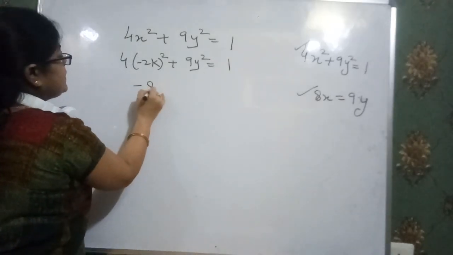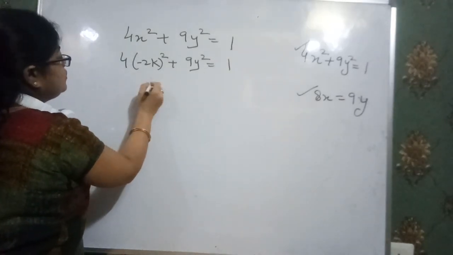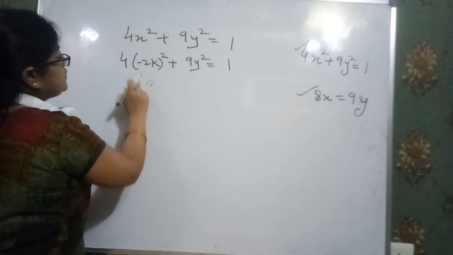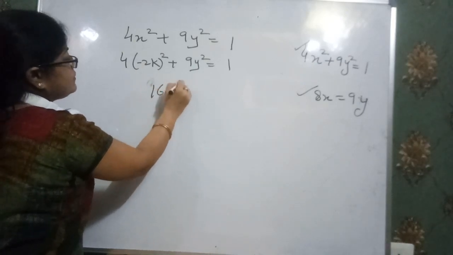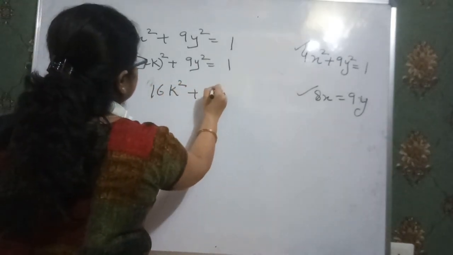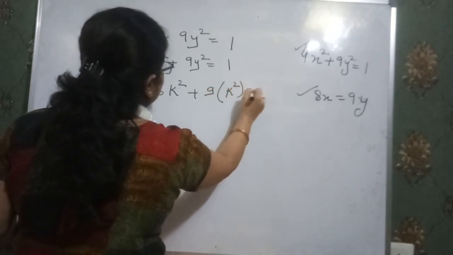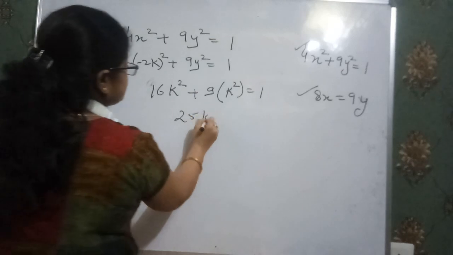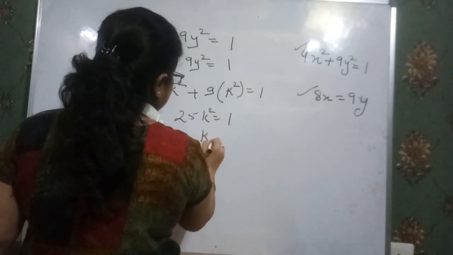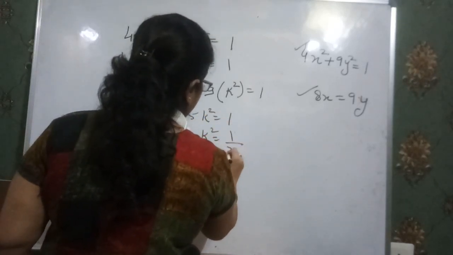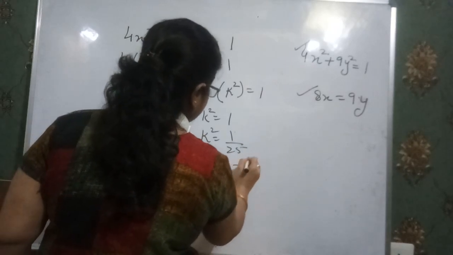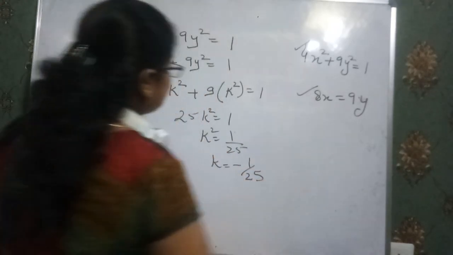We have plus 8 because whole square. 4 times 4 is 16k square plus 9k square is equal to 1. That means 25k square is equal to 1. That means k square is 1 over 25 and the value of k is plus or minus 1 over 5.